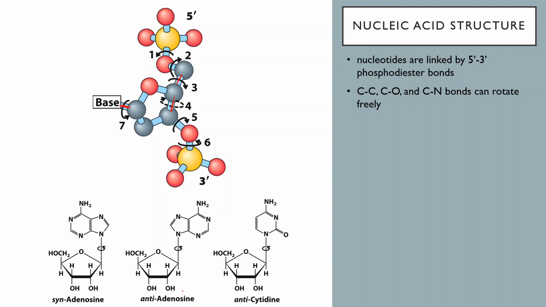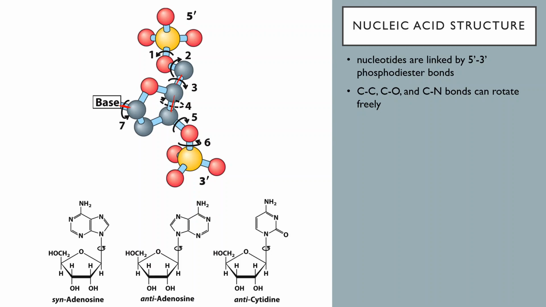Whereas a pyrimidine base can go between the syn and the anti configuration more easily. But in any case, there are lots of different ways in which these bonds can rotate, which means there are lots of potential structures that a nucleic acid molecule could take on. This is why it was so difficult to work out the structure of DNA.